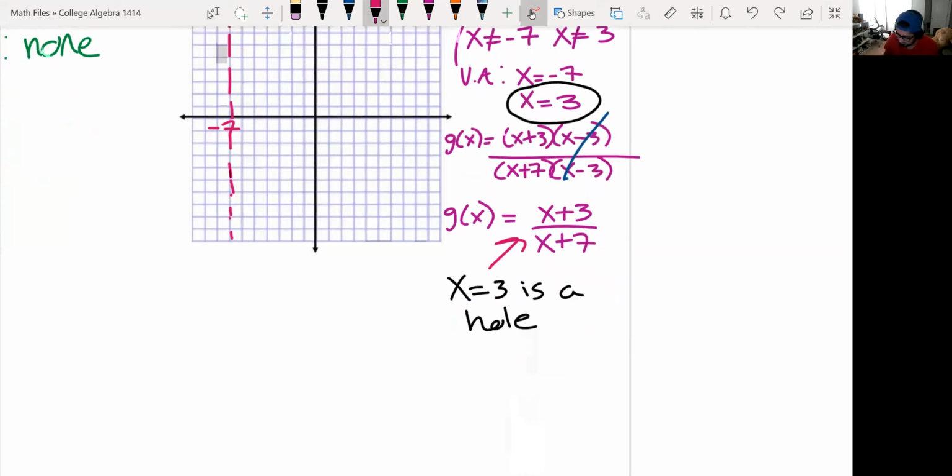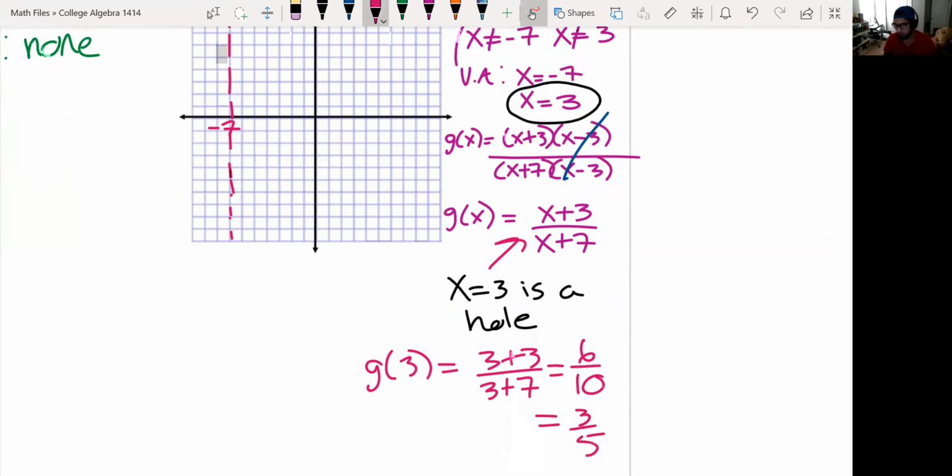The hole exists, and you'd have g of 3 equal to 3 plus 3 over 3 plus 7, and you'd get 6/10, or divide by 2, 3/5. So when x is 3, you're going to have a hole in the graph at 0.6.